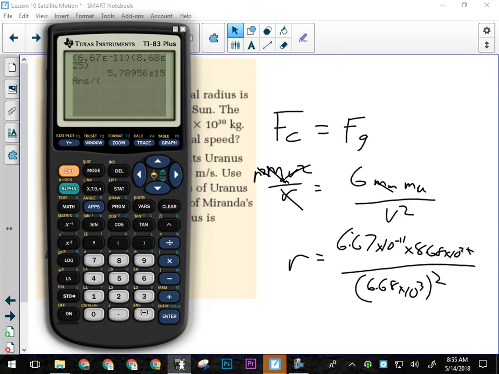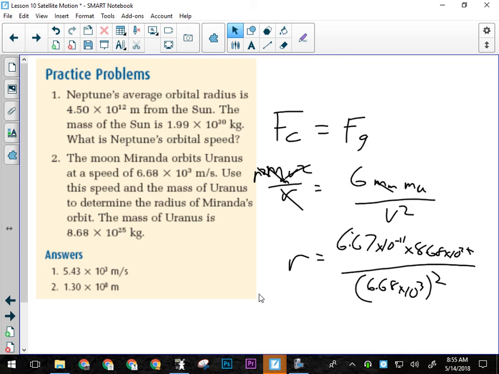Divided by 6.68 times 10 to the 3 squared. So we're getting 1.30 times 10 to the 8. Awesome. Making sense to everybody there?